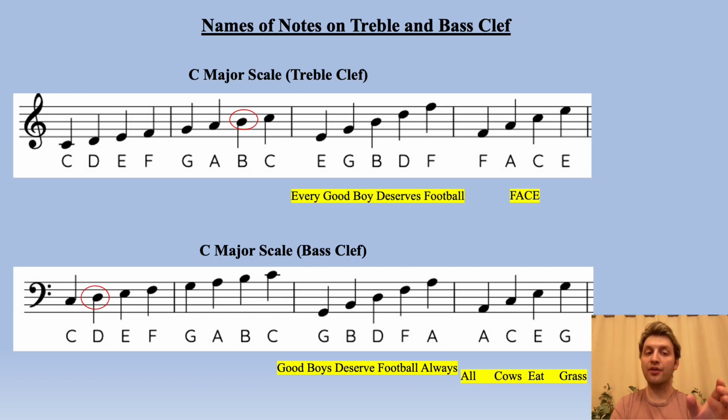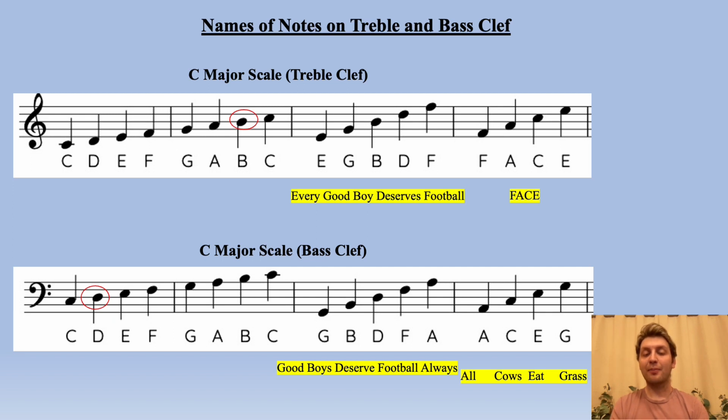So notes on the third line of the stave or above go down, and notes that are below that, you'll see the stem goes up. The stem is the little line, so the note is the circular oval shape and the stem is the line. When it's going up, it's on the right hand side, and when it's going down, it's on the left hand side.